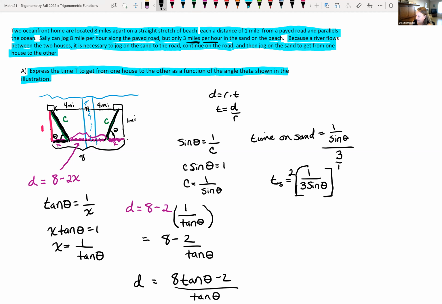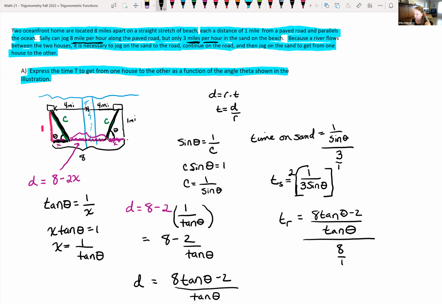The time on the road, let's call that R, is equal to the distance, 8 tangent theta minus 2 all over tangent theta, all divided by the rate, and the rate she can go on the road was 8 miles per hour.